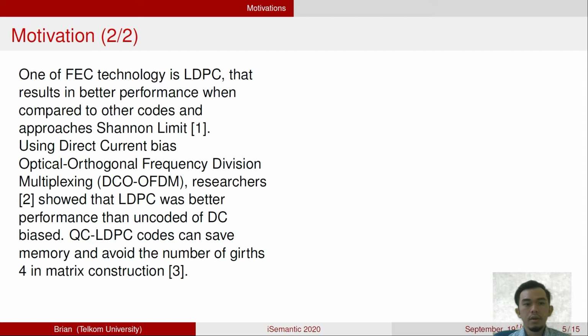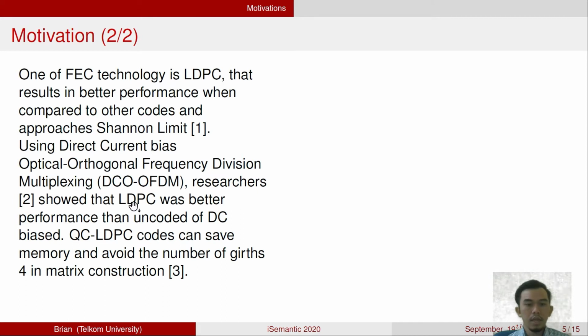First, one of the FEC or forward error correction or forward error control technologies is LDPC. It results in better performance when compared to other codes and approaches the Shannon limit. This is the result of the first research. And then the second, using DCO-OFDM, or direct current bias optical orthogonal frequency division multiplexing.